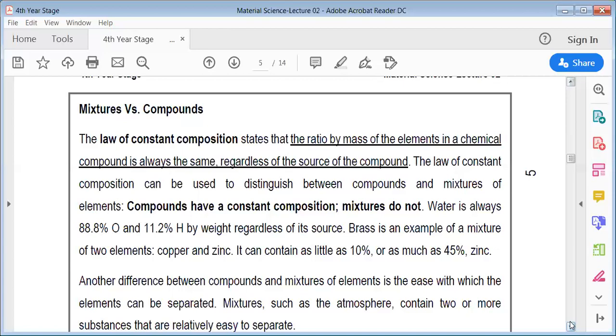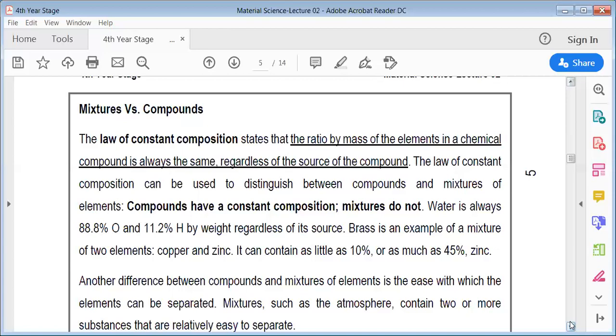So the law of constant composition can be used to distinguish between compounds and mixtures of elements. Compounds have a constant composition, mixtures don't. A mixture could be any ratio, any amount, two, three, four compounds, or compounds with elements.